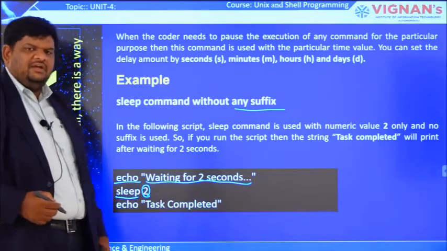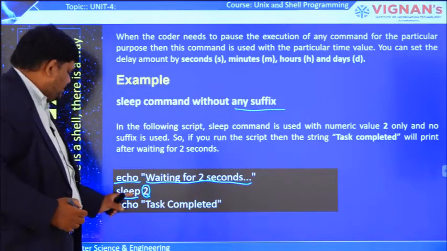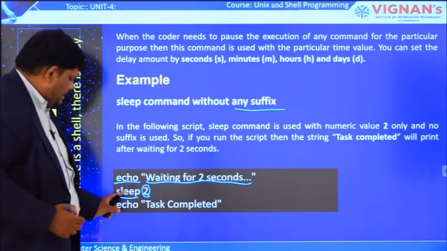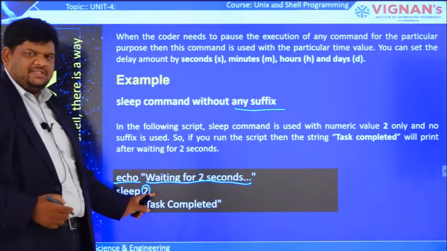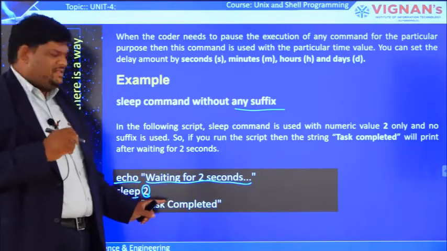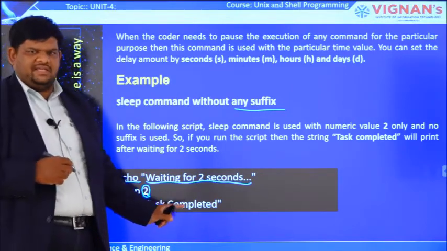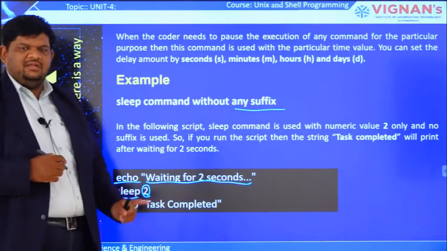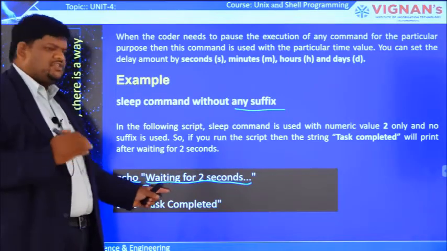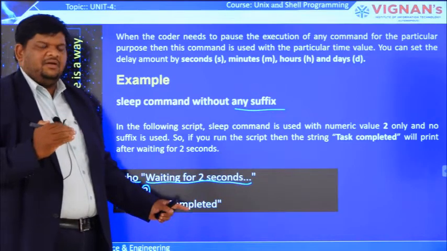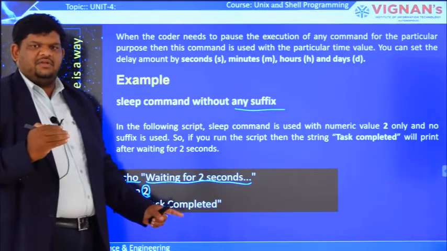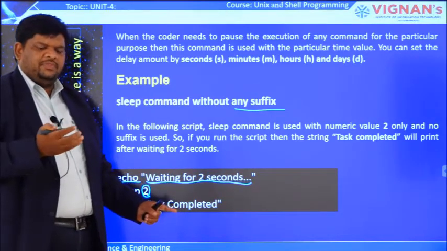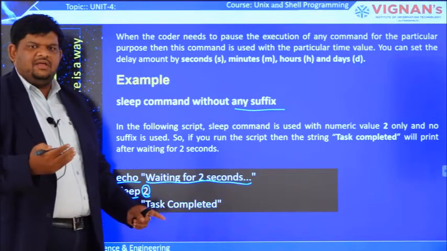Now, how will the shell interpret this syntax? Sleep, and after that there is one number, which here is 2. Without a suffix it will be considered as seconds, that means 2 seconds. Up to 2 seconds it will stop or pause the current execution, and after 2 seconds it will start the remaining part of the execution.